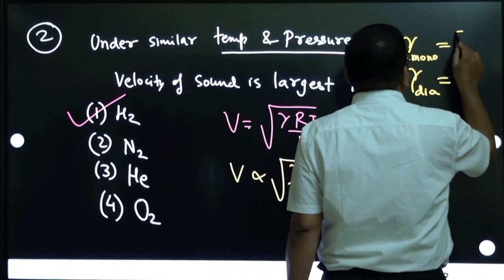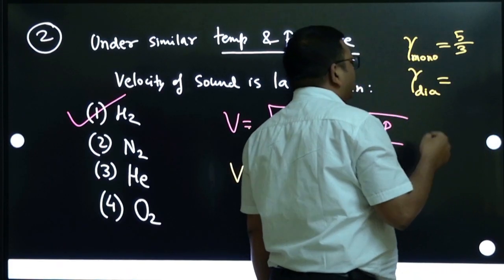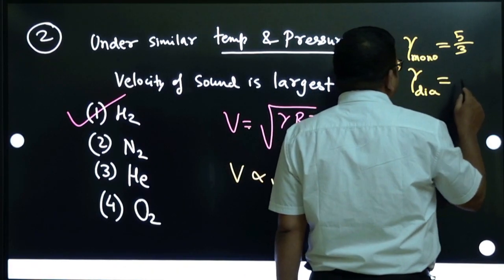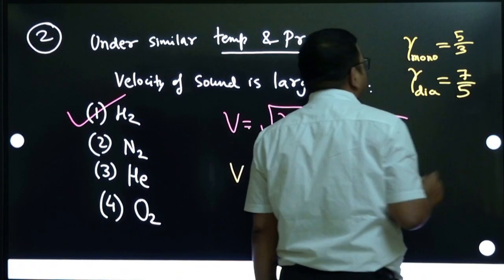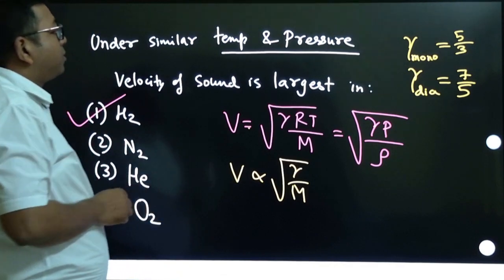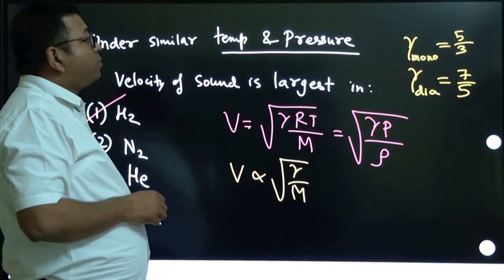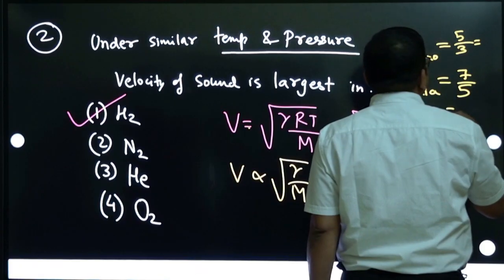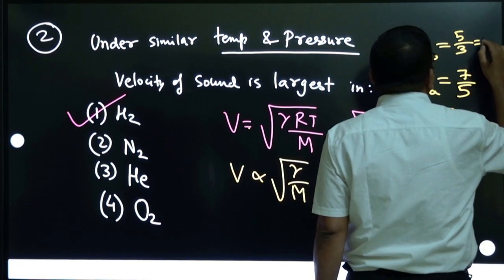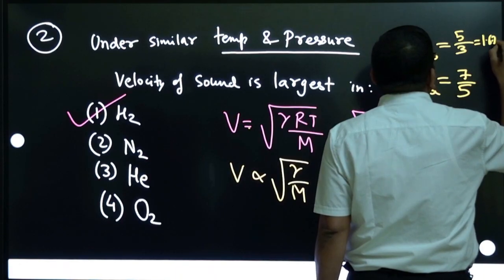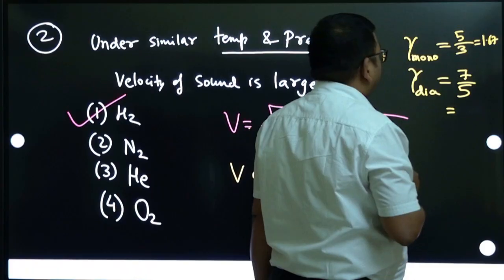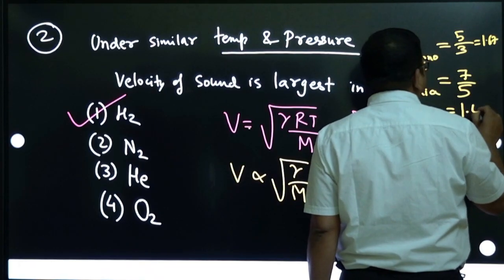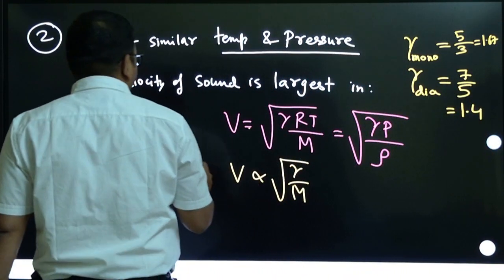So it is 5 by 3 for monatomic, and 7 by 5 for diatomic. So which one has more value? 5 by 3 means 1.67, correct? And 7 by 5 is 1.4, correct? So monatomic is more.